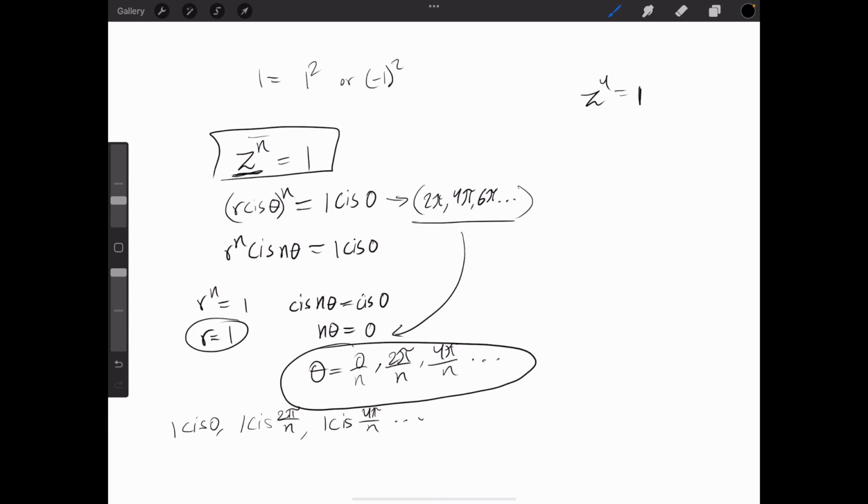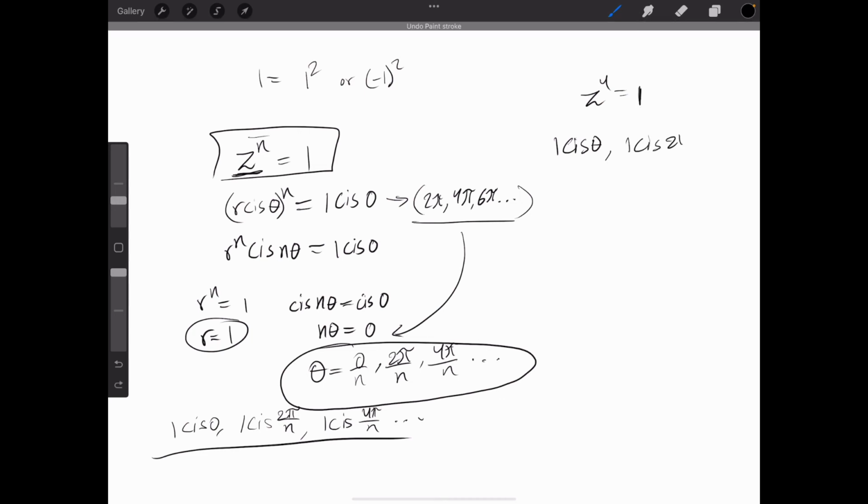Since we just found the series of solutions earlier, we can say that if we're trying to find the complex number z, it would be 1 cis 0, 1 cis 2 pi over 4, 1 cis 4 pi over 4, and it goes on.